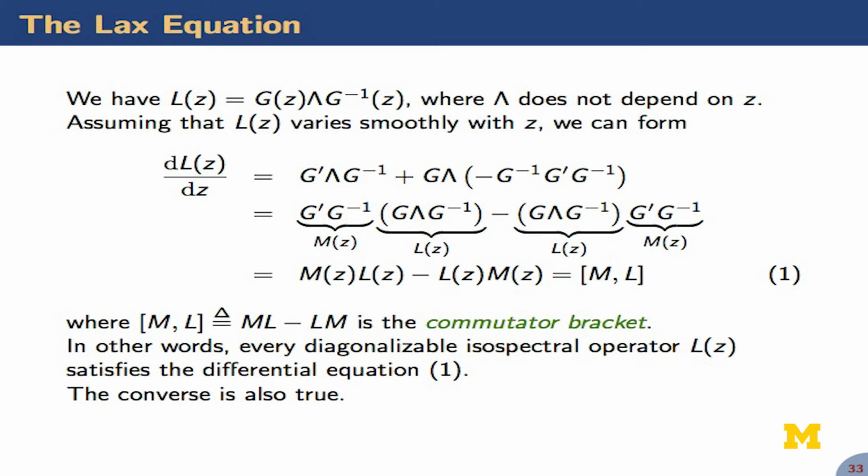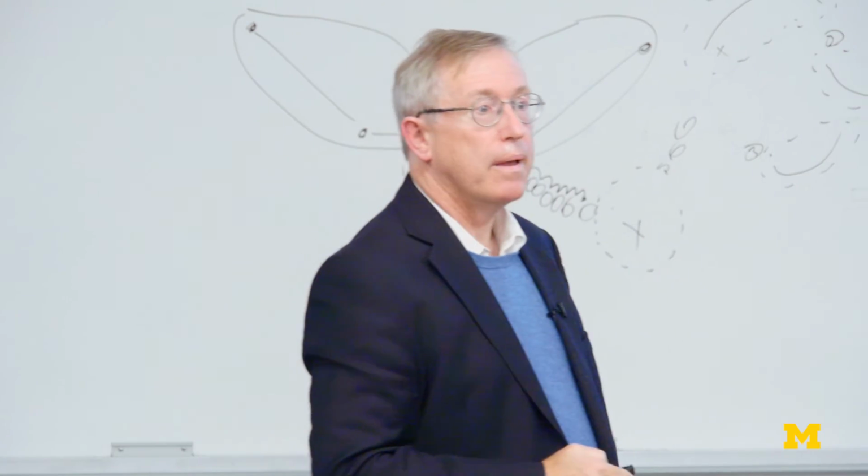It's actually kind of elementary to show that if you assume that you can take derivatives when needed, and you take the derivative with respect to z of such an operator, then that derivative can always be written as a Lie bracket, a commutator bracket, between an operator M and this operator L. In other words, the derivative in the z direction is equal to ML minus LM.